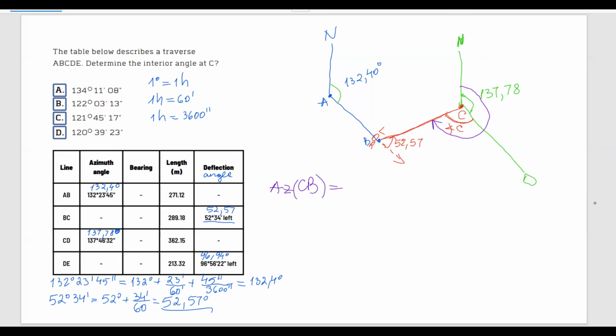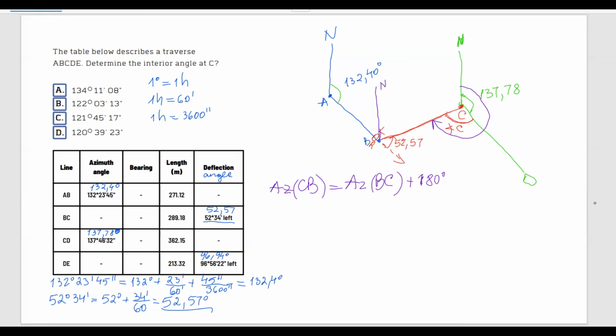So the azimuth of line CB is equal to the azimuth of BC plus 180 degrees. Okay, so do we know the azimuth of BC? I don't think we know it, but I know we can calculate it.